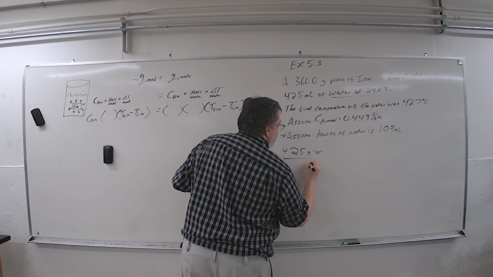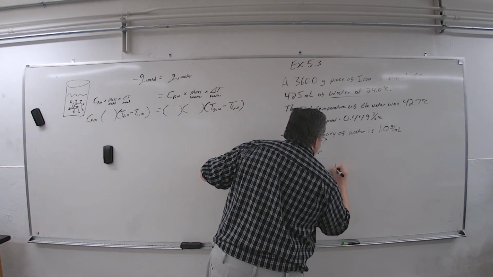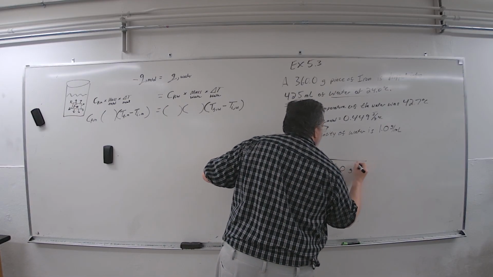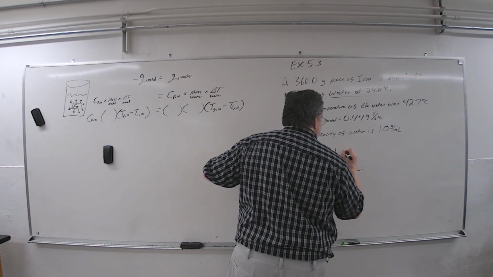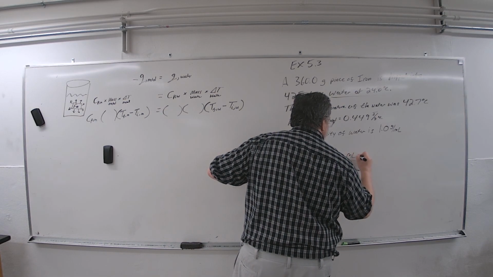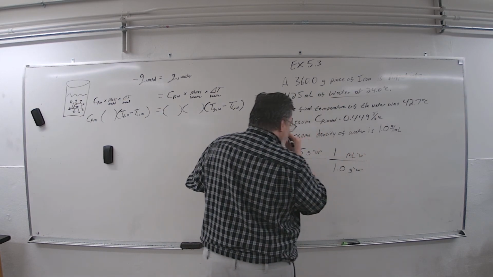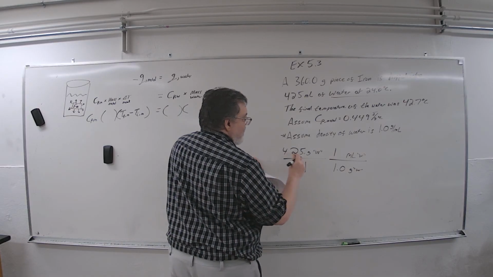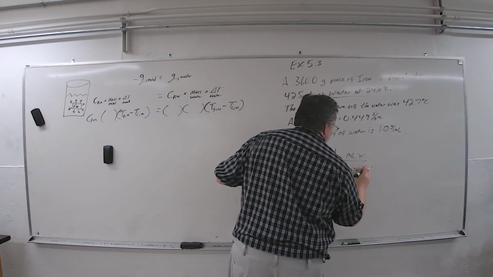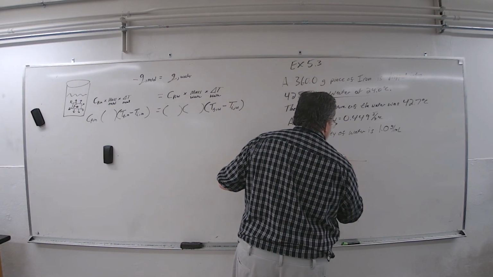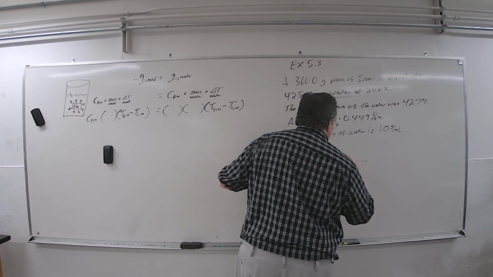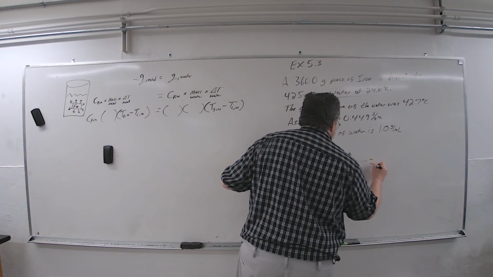I'll just say W. The density is 1.0 grams of W to 1 milliliter of W. I'm just doing this to make our units cancel. 1 milliliter of water, 1 gram of water.